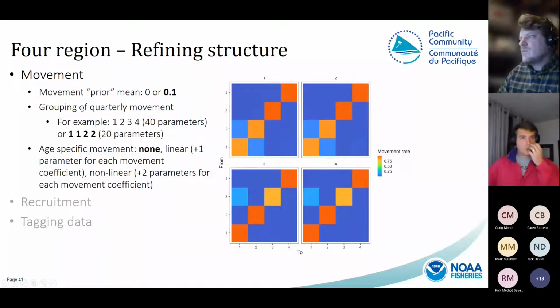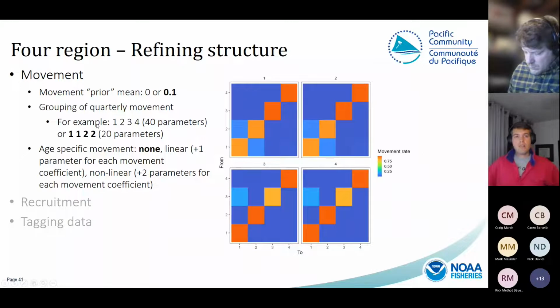We also looked at grouping of quarterly movements. As mentioned before, you could have a quarterly movement estimated in each time step, or you could group the different time steps. So we considered a number of different groupings, and the one that had the best fit while also balancing parsimony, so we looked at AIC within nested models, was two groupings of quarterly movements.